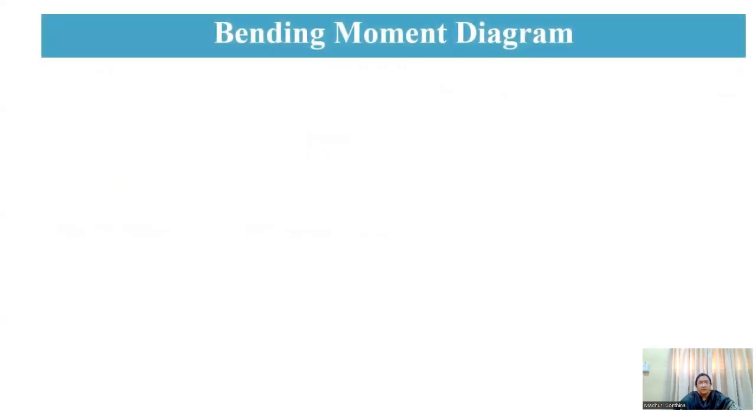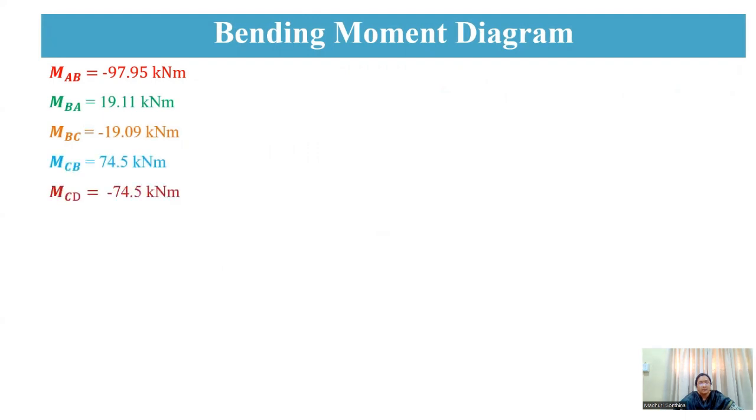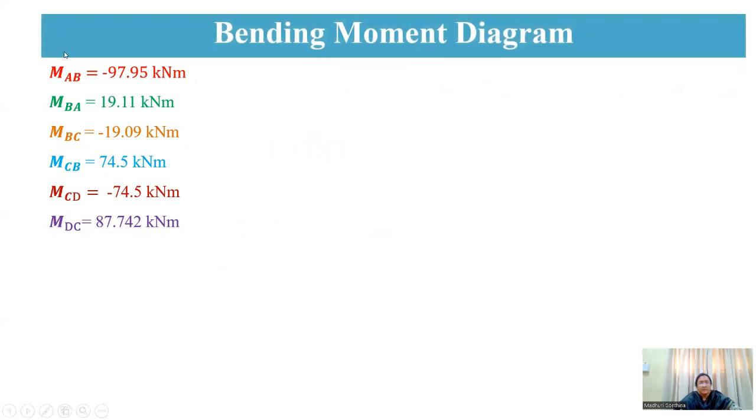For drawing a bending moment diagram, we'll place all these moment values. Then we are going to draw the free body diagram for this first. So first I will draw the figure. This is a beam, and here you are having two supports.